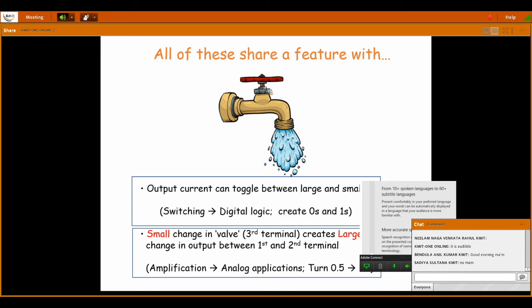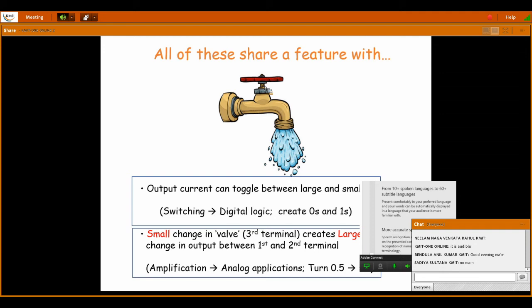If there is no flow of water from the tap, analogous to the transistor, if there is no flow of current, then that is treated as a logical zero. Hence you can use the transistor as a digital logic gate, which can give two output states: one is logical one, the other is logical zero.